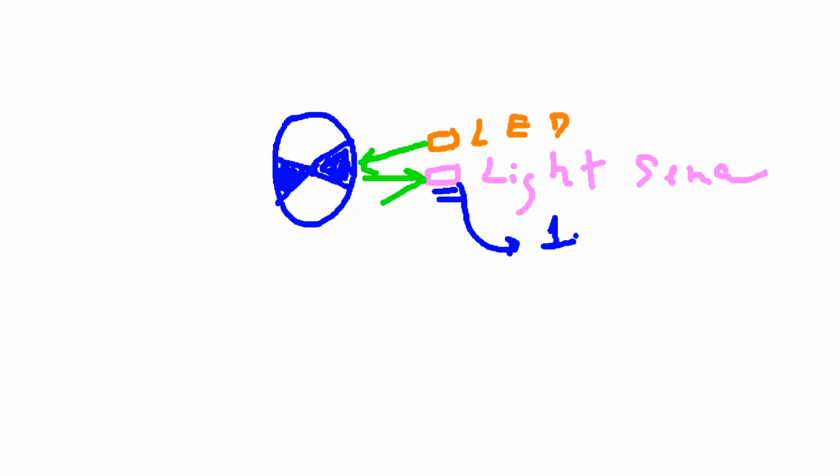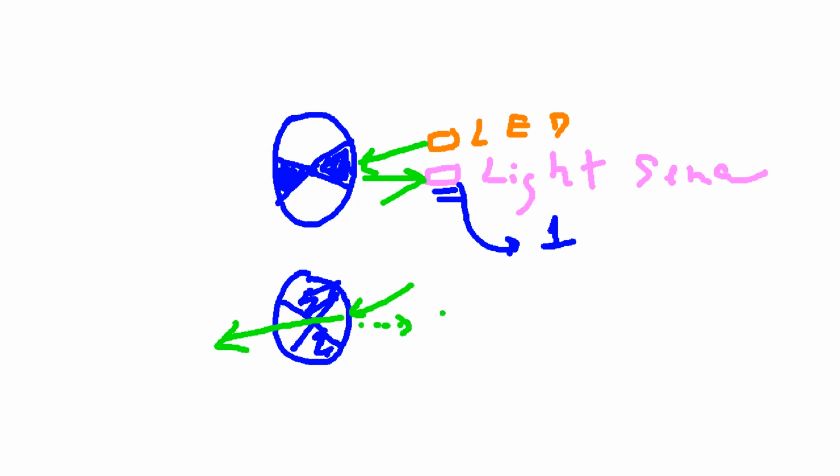If this plate rotates and a transparent area comes to this position, that means the light may pass through this transparent area. So little light reflects into the light sensor, so the output of the sensor may now be 0.